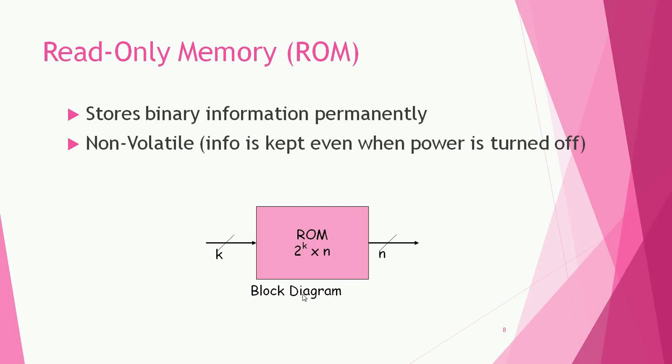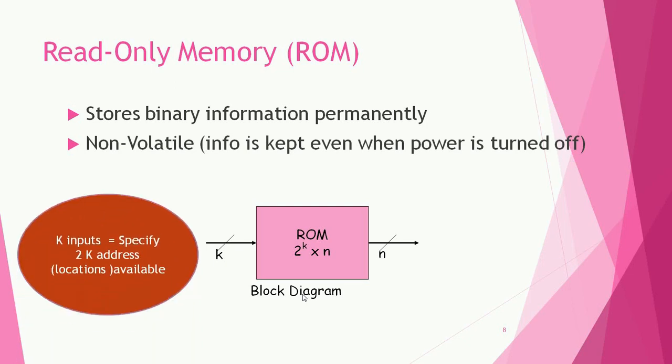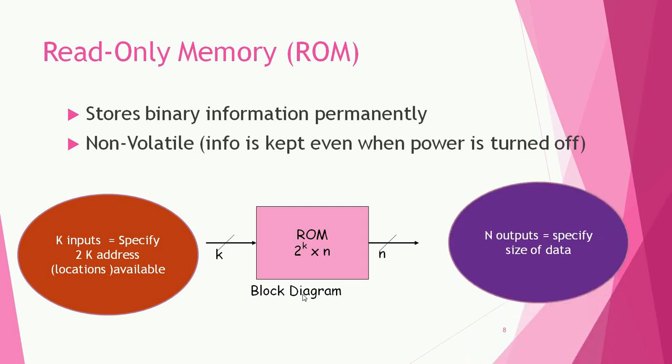That means address lines are 3 and data lines are 16. Observe here, k inputs specify 2 raised to k address locations available, and n outputs specify the size of the data.